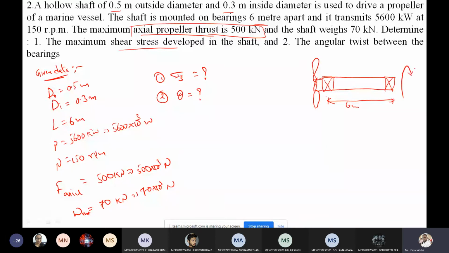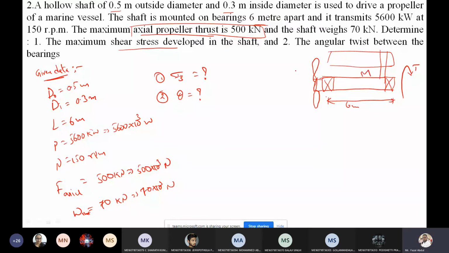It is subjected to torque, and because it is supported by two bearings, and it is attached to the gearbox through the belt drive, for that reason it is subjected to bending moment.